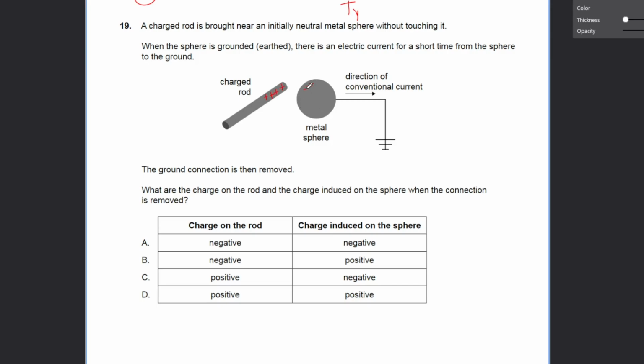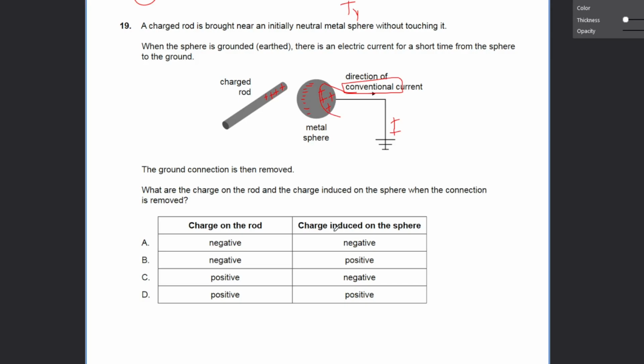If I were to draw a quick diagram, our negative charges would be on the left side here. This is polarized. And we're going to have positive charges being discharged into the ground. This is the direction of conventional current. So these positive charges are leaving the metal sphere with a negative charge.